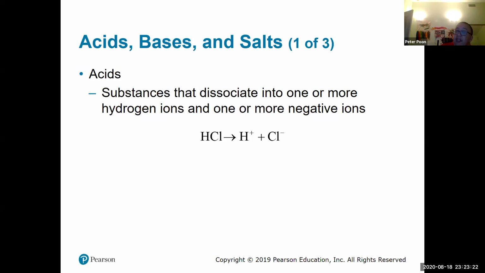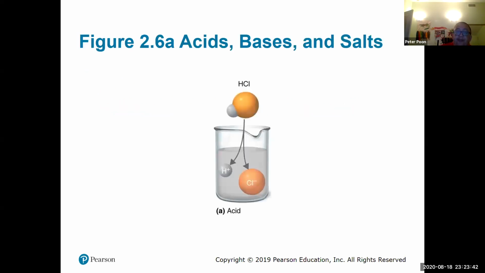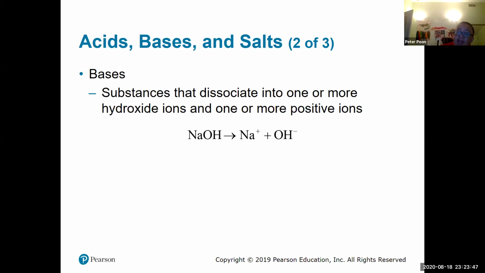The H plus is perfectly happy to be floating around because they have nothing in the outermost shell. But that adds hydrogen ion into the solution, and that is an acid. Now the hydrogen can attach to other things, so it is an acid. A base, by definition, adds OH ions.